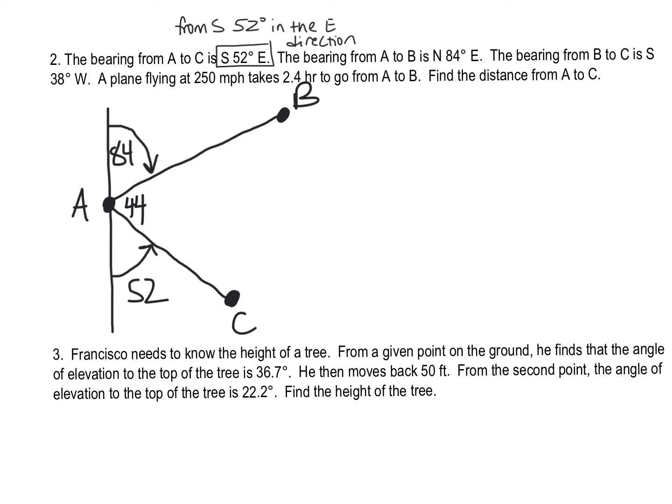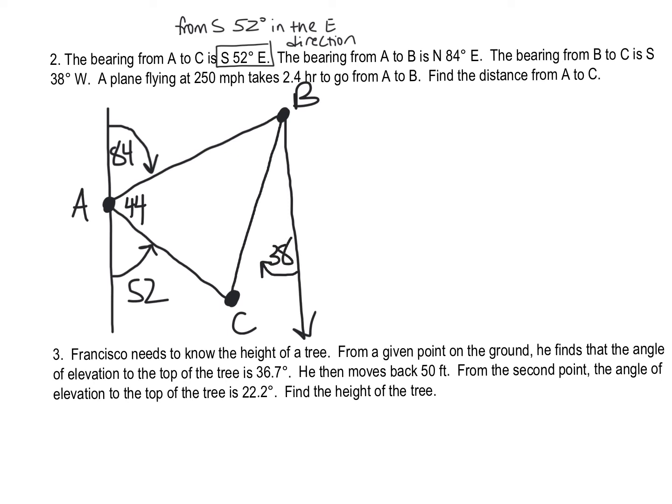The bearing from B to C is south 38 west. Okay, so I need a south direction. Keep in mind that this is going to be parallel to this, even though I didn't do the best job of drawing it. But from the south towards the west, which is left, 38 degrees. So this direction, 38 degrees.